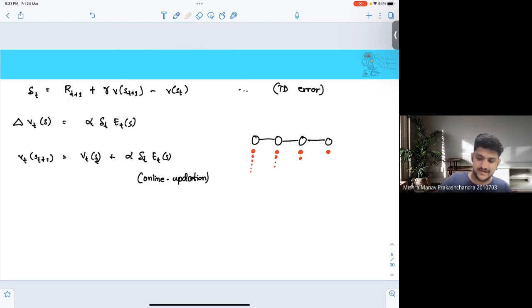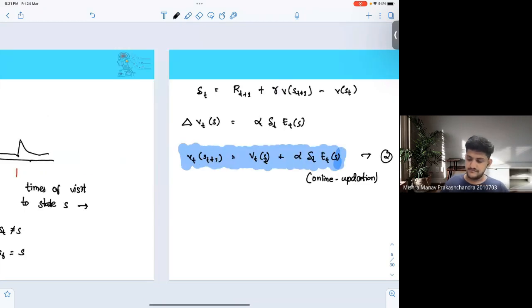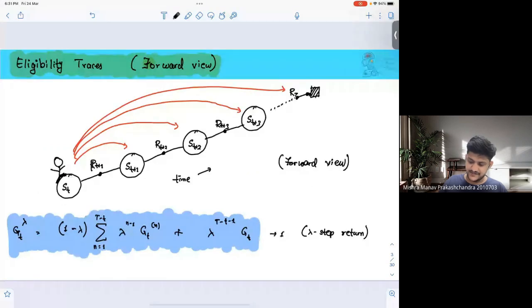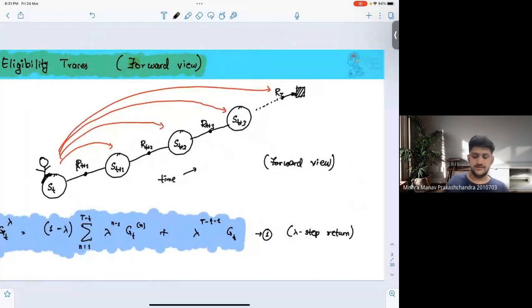And again, I should highlight this particular update rule, and maybe we number it equation 2, and the previous one we number it equation 1. So when we refer back, it's easier to recollect, right?